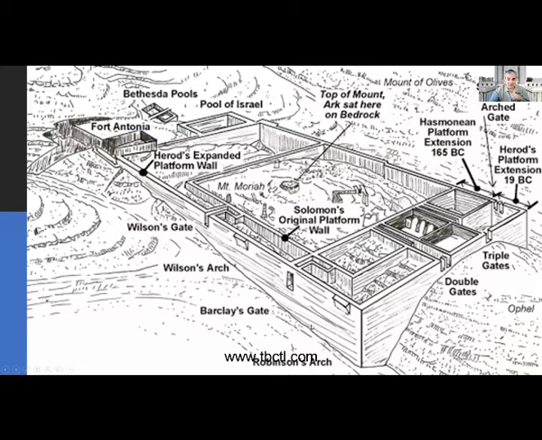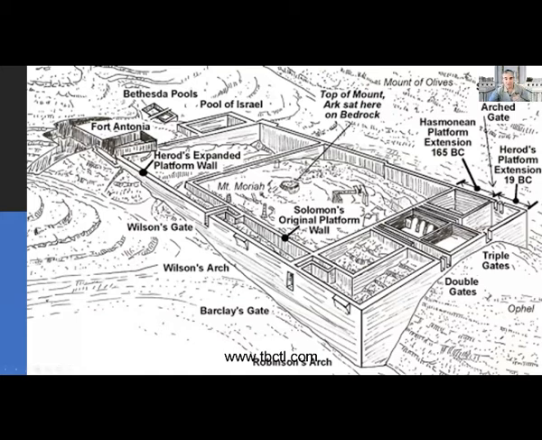Here at the Barclay Gate, next to the Barclay Gate, this is where we understand Jesus tossed the booths of the money changers. If you look at all of this structure around us, look very carefully. It's basically like a shoebox that was built around the actual topography of Mount Moriah. So Mount Moriah is basically concealed in this box.